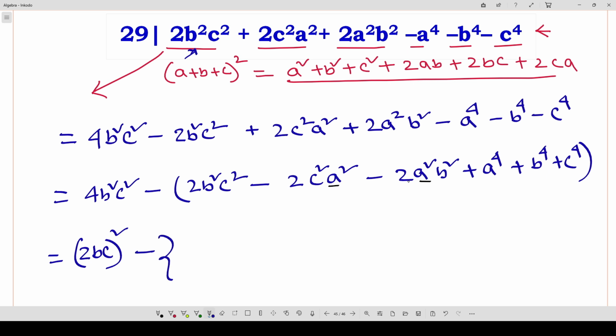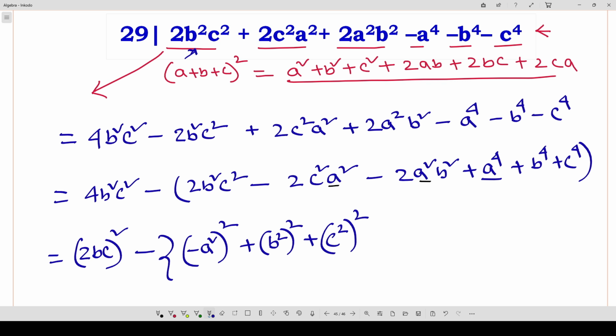Minus. Now this a⁴ we can write as minus (a²)². Why we are using minus? We will discuss a few moments later. Then this is (a² + b² + c²)², right?